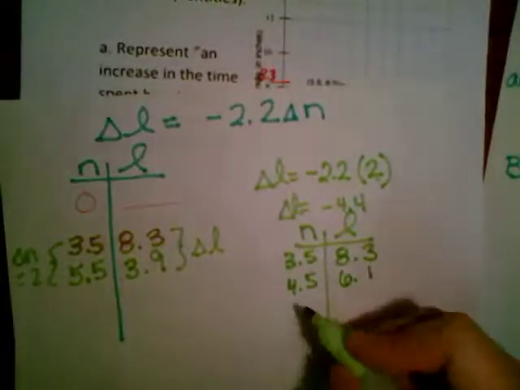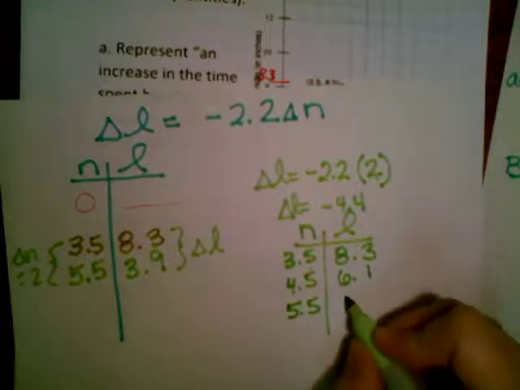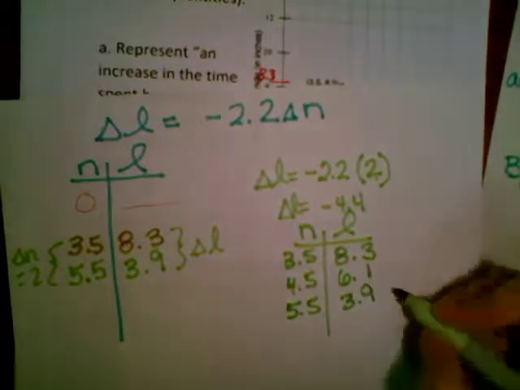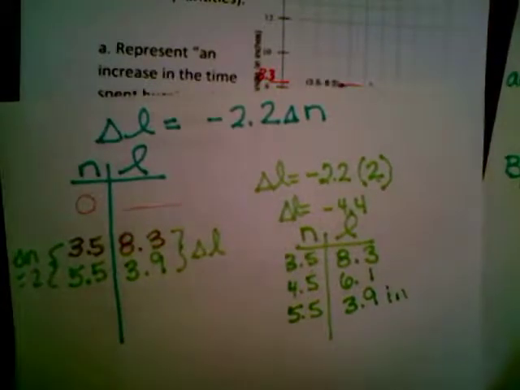And then if we increase the number of hours 1 more time by an hour, we would subtract another 2.2, which would also get us down to 3.9 inches. Which brings us back to graphing.